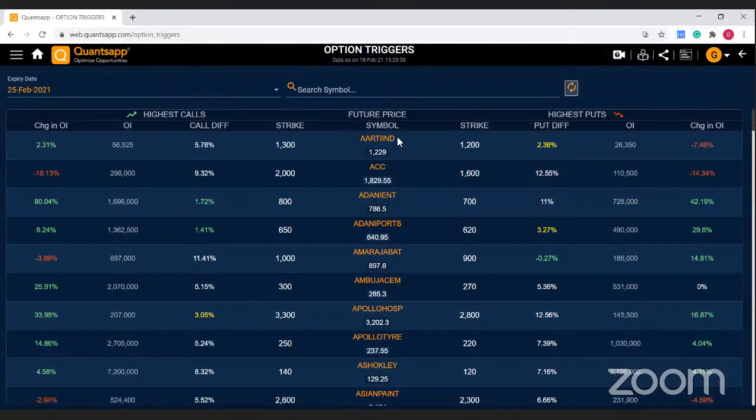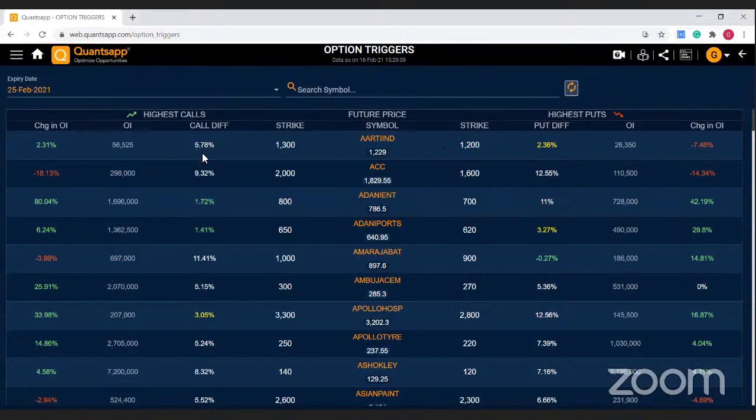So if I say Aarti India is almost trading at 1229, the highest call strike means the highest number of call writers are standing at this particular point, and the highest put is at 1200, meaning that the highest put open interest is at 1200 level.